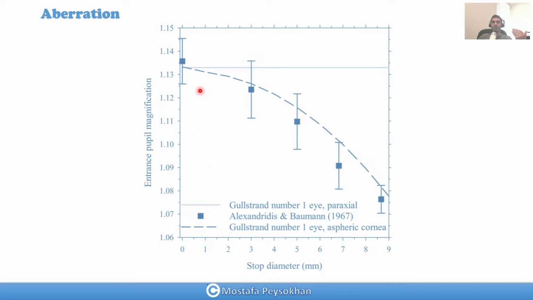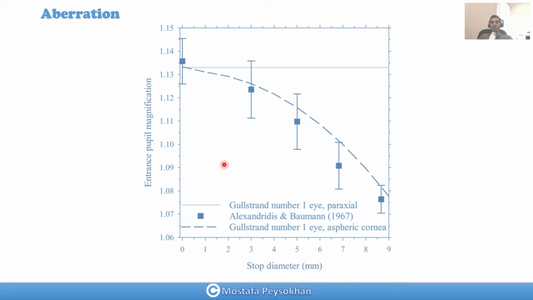For a very small diameter, we have a small distortion, and then as the negative distortion gets bigger, magnification goes lower, and at a very big stop diameter, we have a pretty low magnification. So in better corrected models, we can have magnification as a function of stop diameter.